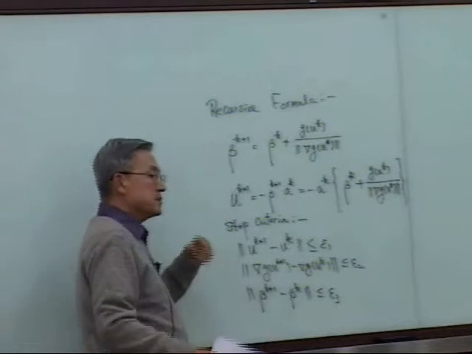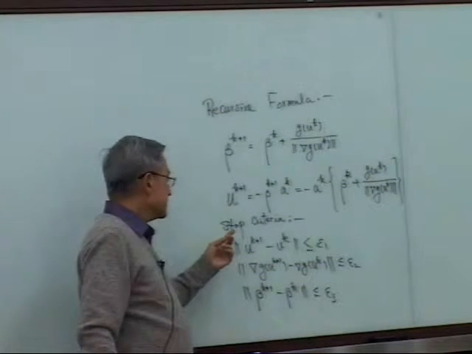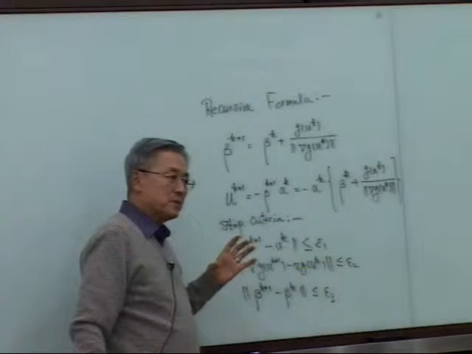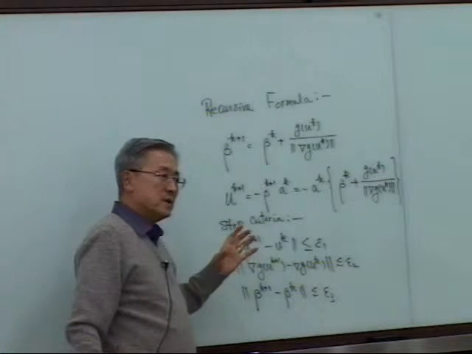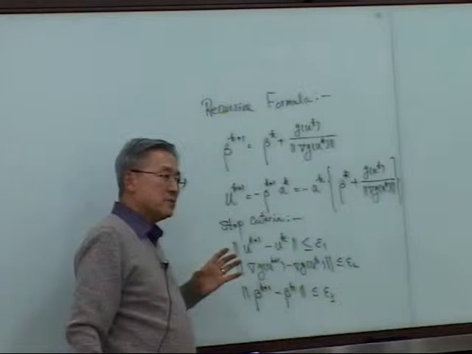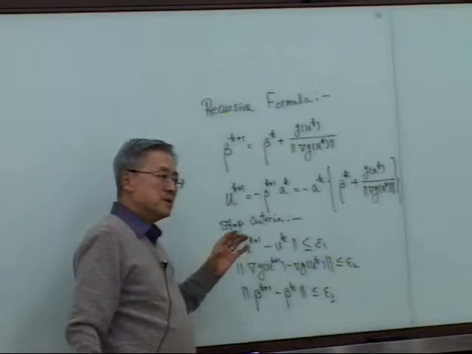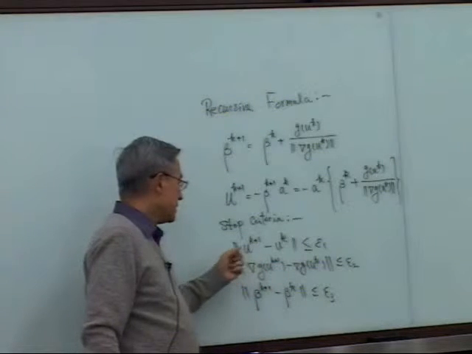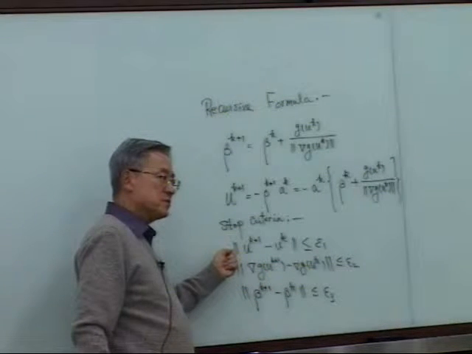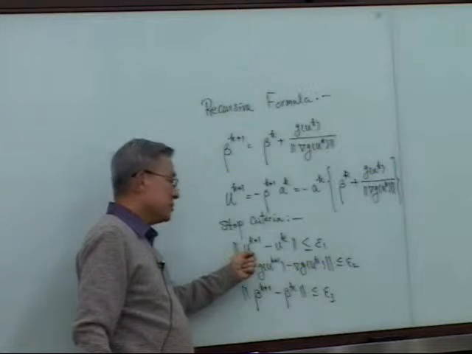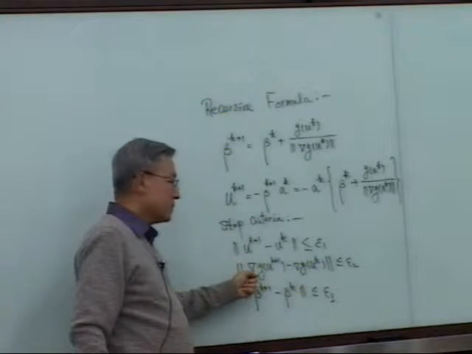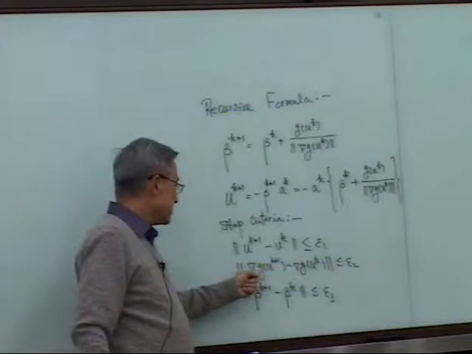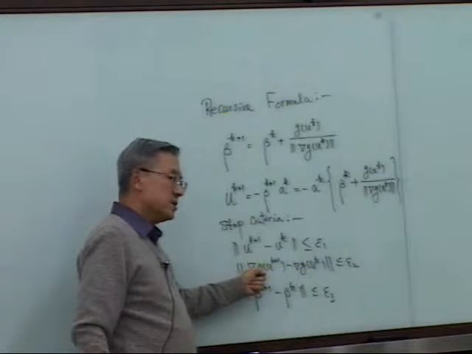Then you have to keep iterating. Then you have to apply the stop criteria, whether the result at the k plus 1 step, the new step, has converged to the older step. Convergence can be applied to U or to the gradient of G.